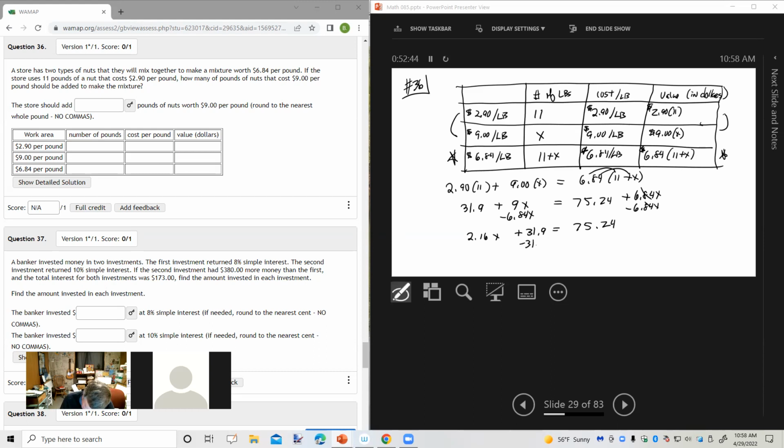Then we're going to subtract 31.9 from both sides. 2.16X equals 75.24 minus 31.9 equals 43.34. I'll take a second there for you to work on getting caught up, and then I'll continue.